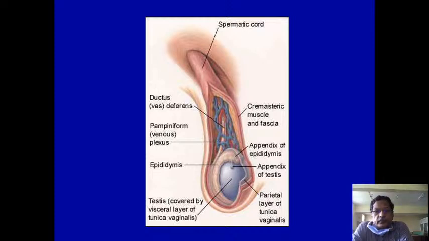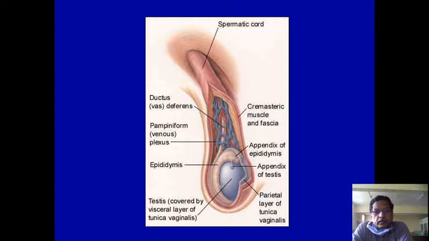The testicular arteries, the main blood supply to the testis, arise from the abdominal aorta just below the renal arteries. I was telling you that the testis develops just below the kidneys. That's why the blood supply comes from the abdominal aorta below the level of the renal arteries.